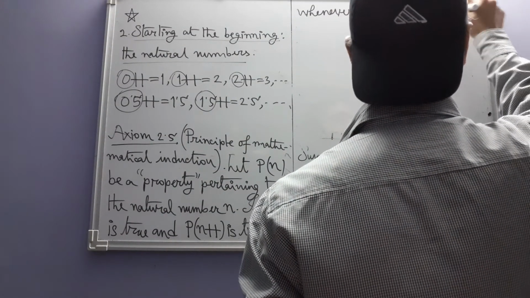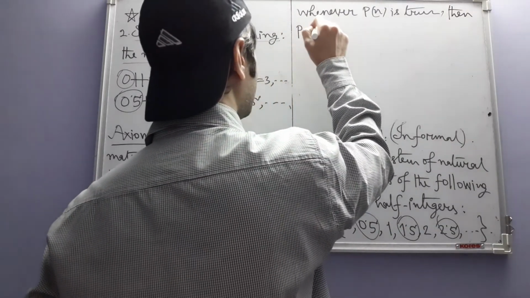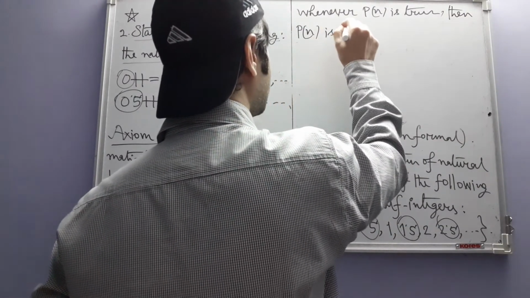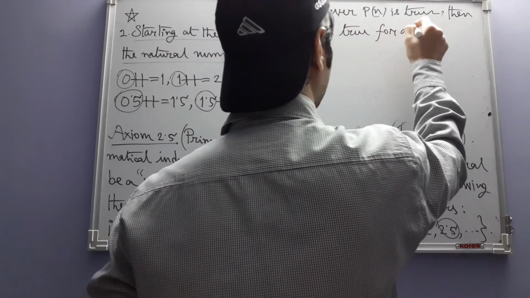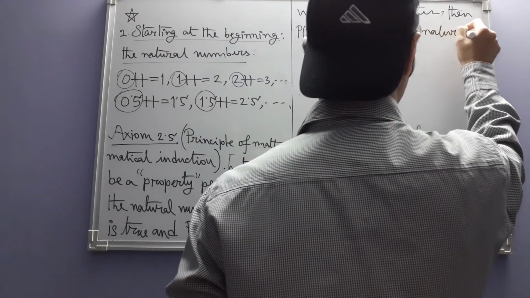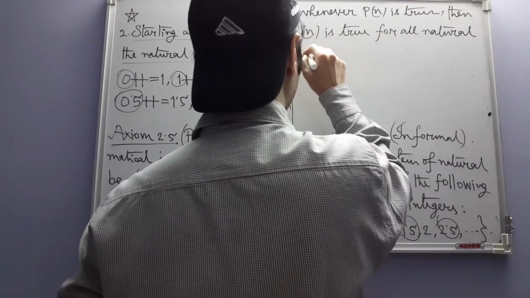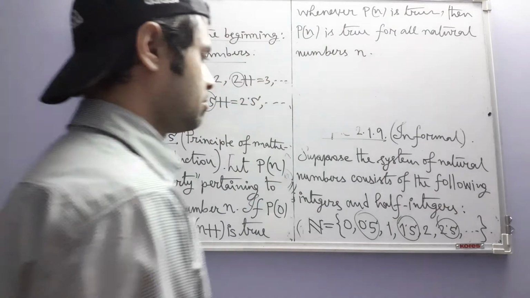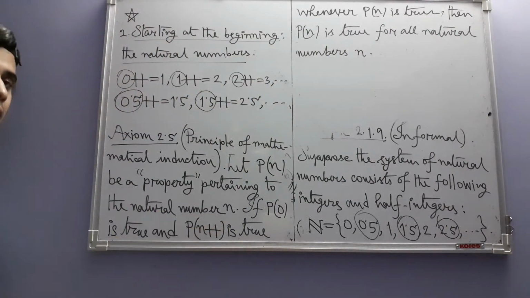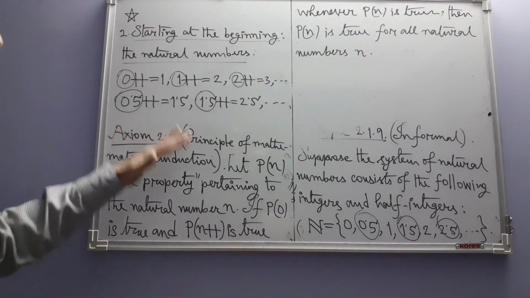Then Pn is true for all natural numbers n. So this is just again writing what we already know, but in an axiom form.